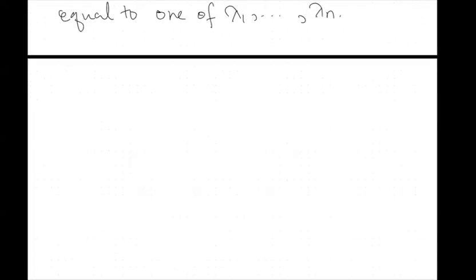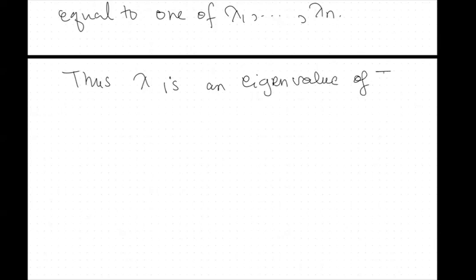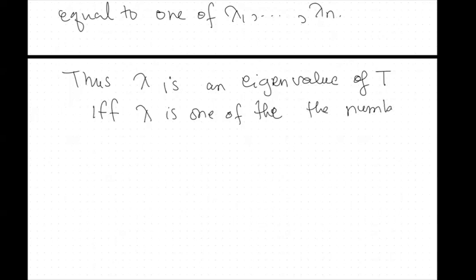Therefore, lambda is an eigenvalue of our linear operator T if and only if lambda is one of the numbers on the diagonal, given by lambda 1 up to lambda n.